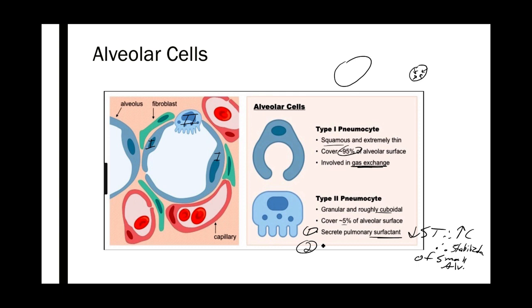Number two, type 2 pneumocytes have regenerative capacities. Think of them as sort of stem cells for the pneumocytes. I think they can regenerate both themselves and replenish type 1s also.